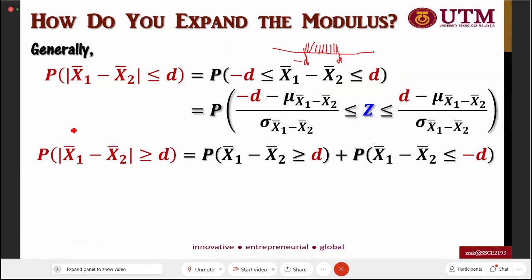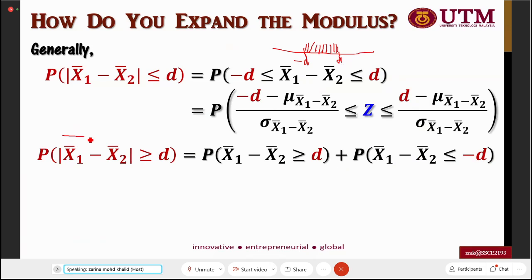Whereas for the probability of a modulus of x bar 1 minus x bar 2 being at least d or greater than d, this is the way you expand. First without the modulus, greater than or equal to d, plus the probability of x bar 1 minus x bar 2 less than or equal to negative d.